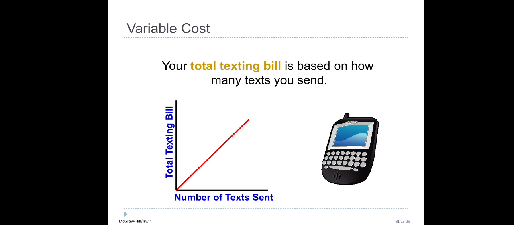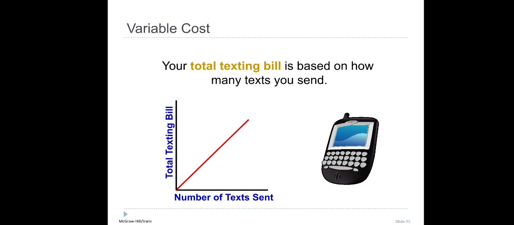Another typical variable cost in a manufacturing business is direct labor cost. Maybe to produce one product requires 2 labor hours, for example. One labor hour, the rate is $8.